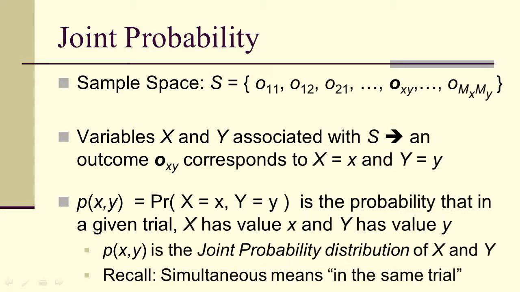So joint probability. We have a sample space S, and now it's going to be doubly indexed because we're going to have two variables. So S is O11 and O12 and all the way up to O sub xy, where little x goes from 1 to m sub x and little y goes from 1 to m sub y.